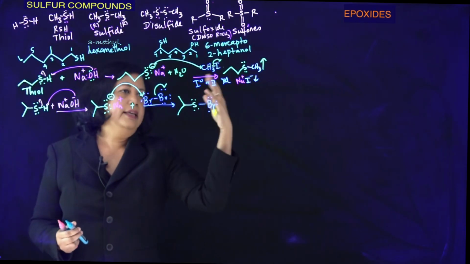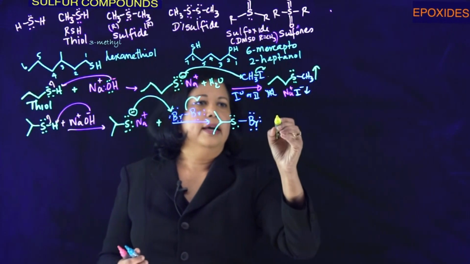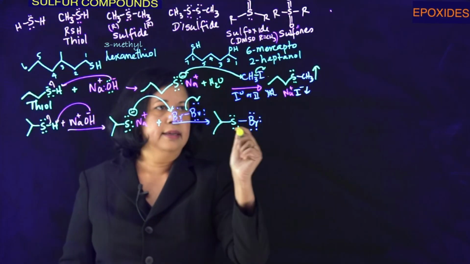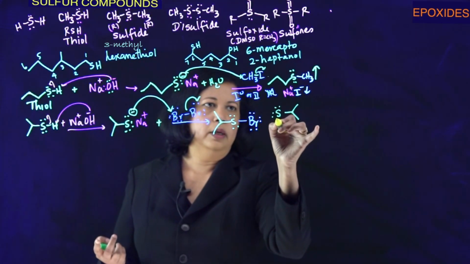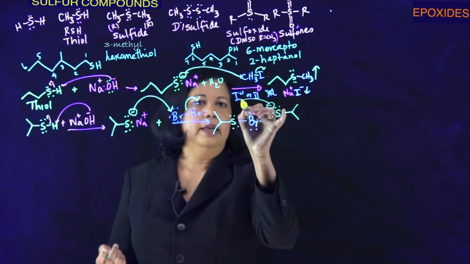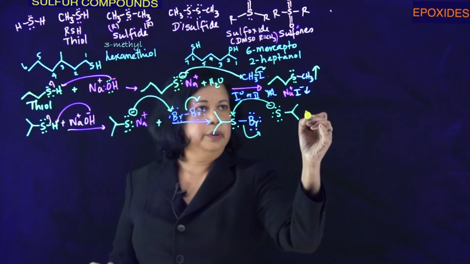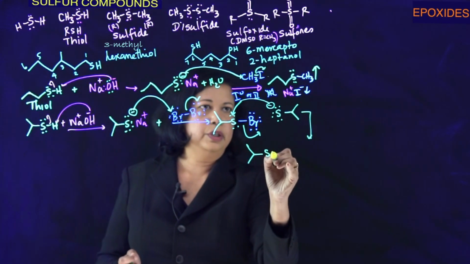You can take this and now you can do an SN2. Let's say you want to make a sulfide, then you can take this and bring in another one of these, or you can bring a different one, but I'll just make the same one and do an SN2. Make that into a leaving group and you can get a good disulfide linkage.